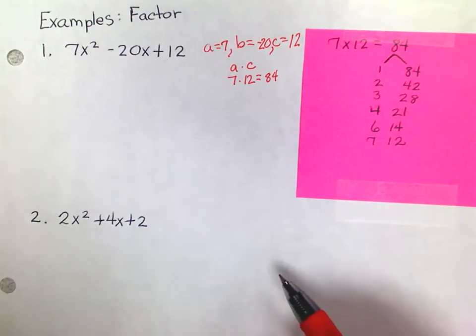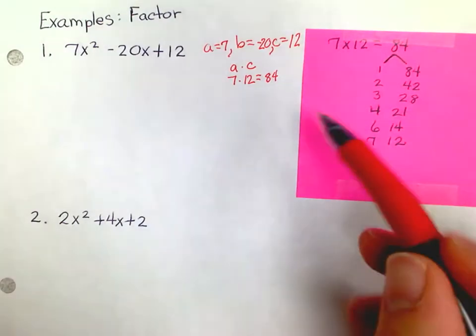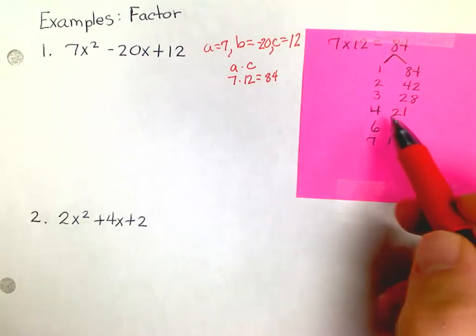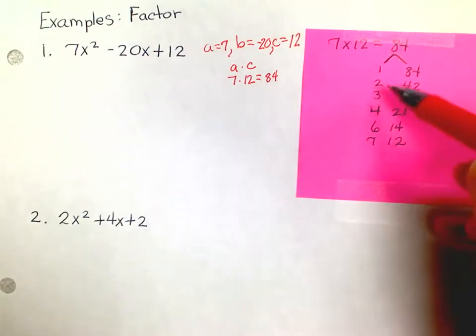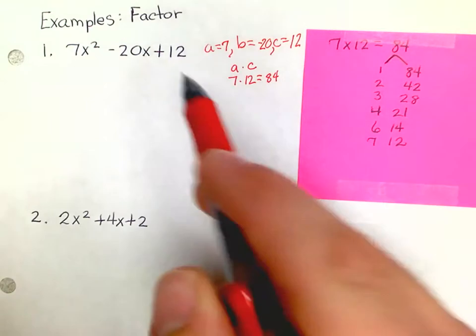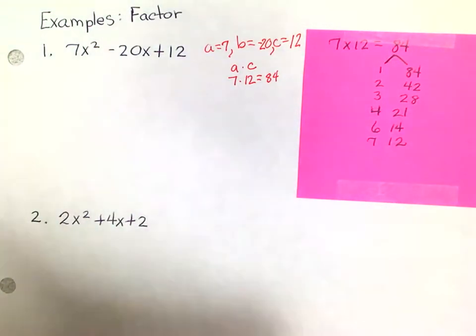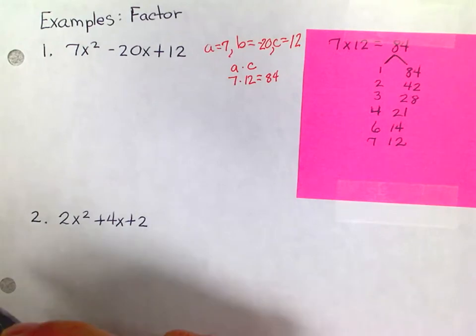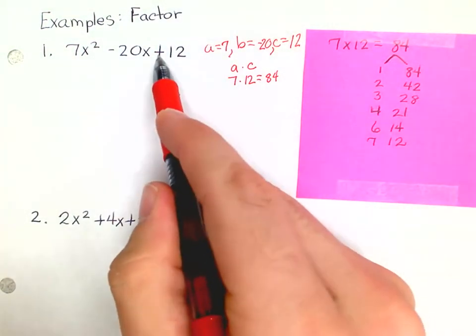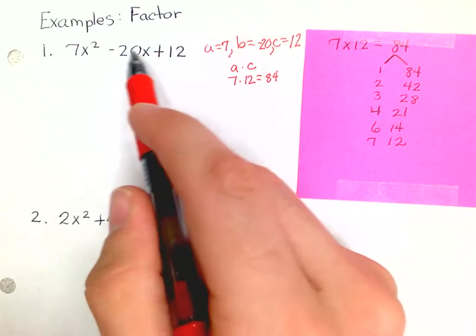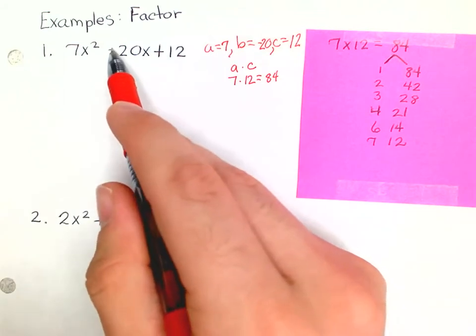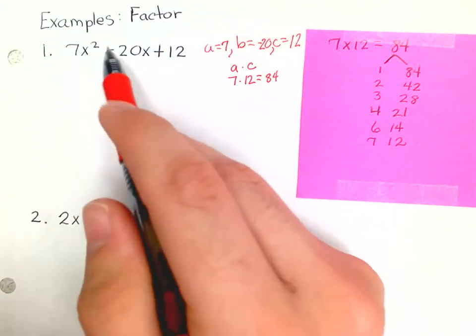So our goal is to say what numbers will multiply together to give you 84 from this list that when you combine them will give you a negative 20. And remember our rules from before that both of these will have to be negative, because the positive sign for C tells us to use both terms as the sign of B.